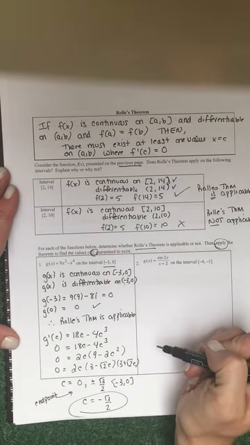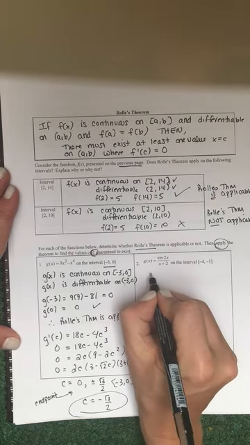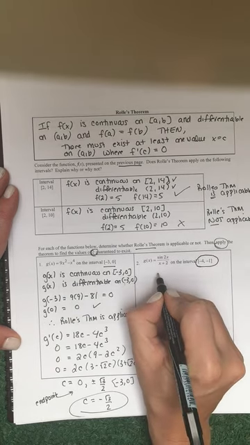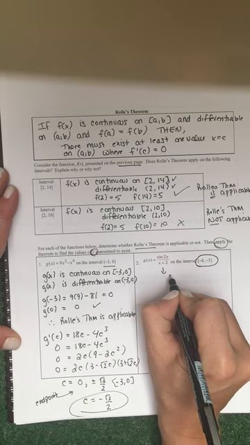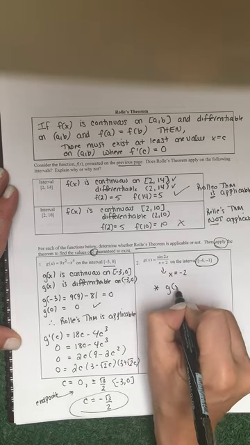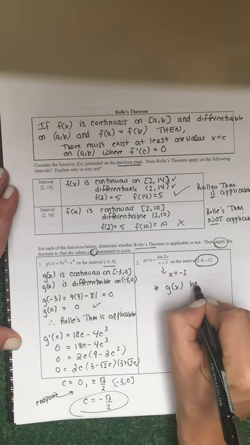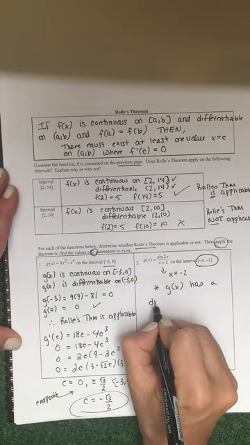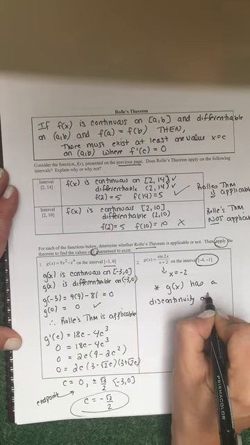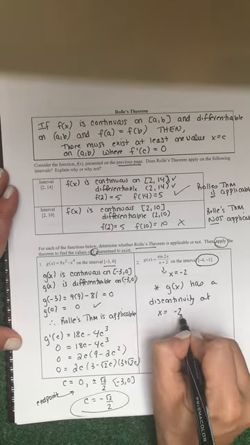Here's our function g of x. We need to see, is it continuous on this interval? That's the first condition. Well, here we've got an asymptote at x equals -2. So g of x has a discontinuity at x equals -2.